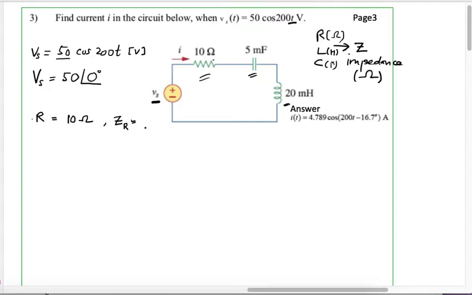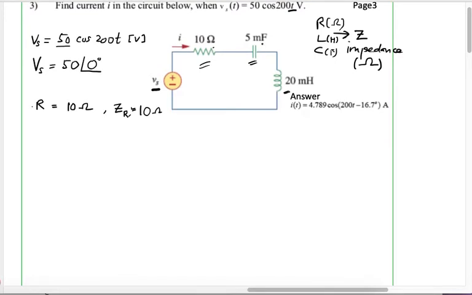You don't need to do any further calculation. So if R is 10, then the impedance of that resistor is also 10 ohms. That's simple. So next one, let's change this C, the capacitor here.